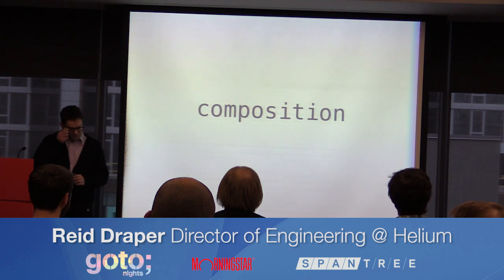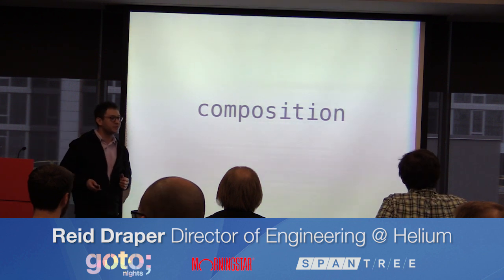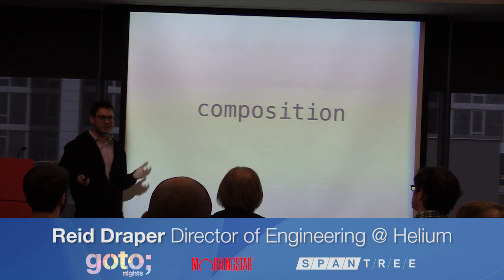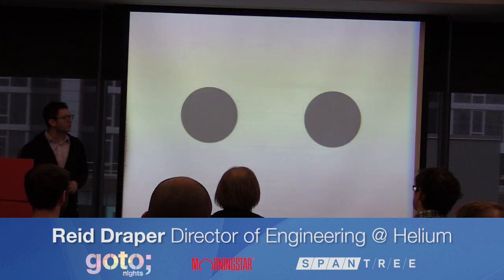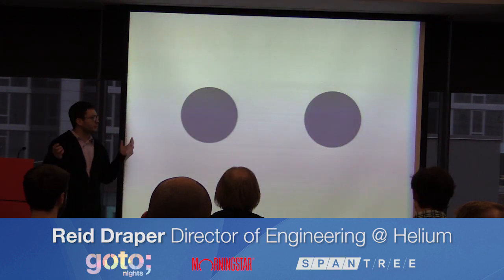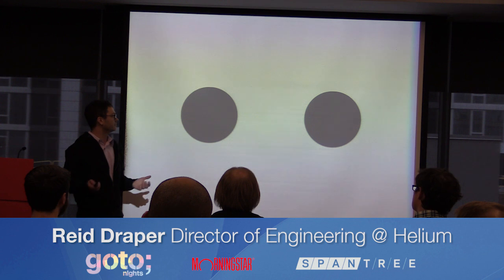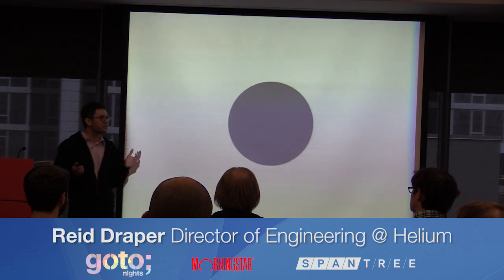What about composition? What does it mean to compose things? Typically we think about putting things together when we compose. So we might have two things, and here we've got some circles, and when we compose them together, what do we get? Another circle, right? A bigger circle.